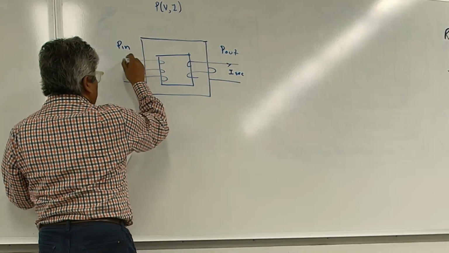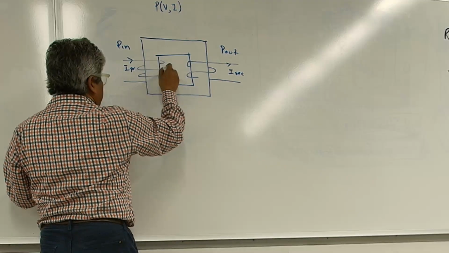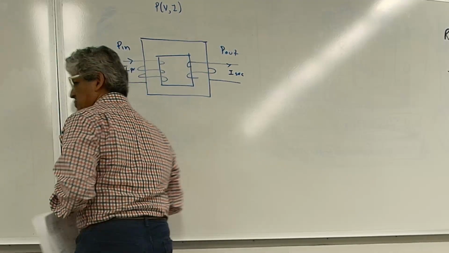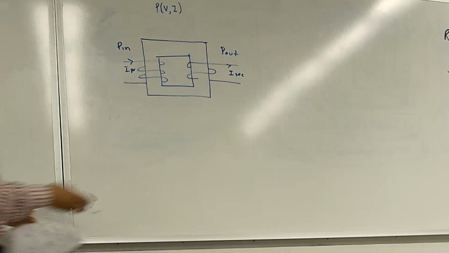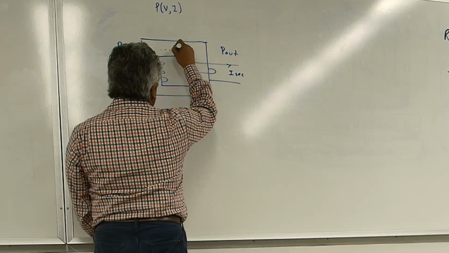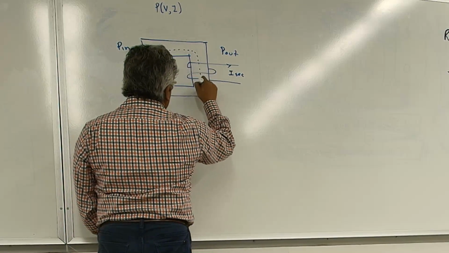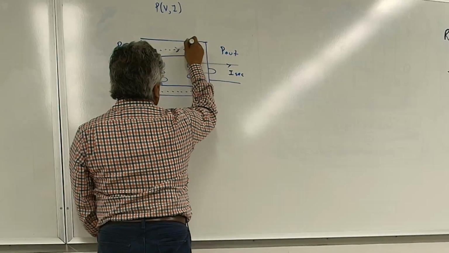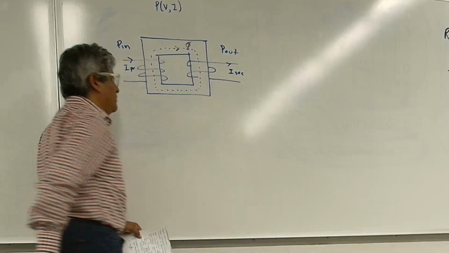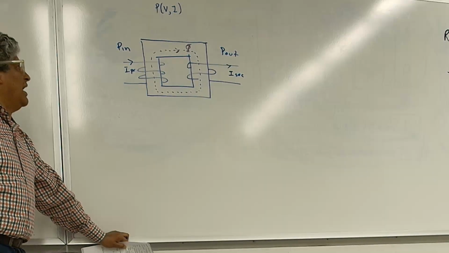Once you start pushing current through this winding, you're going to produce a field and a flux. We talked about that a little bit ago. You're gonna get a flux. We're just gonna put the average flux that follows the magnetic field. Okay, and we're gonna call this phi, right? So magnetic flux lines.